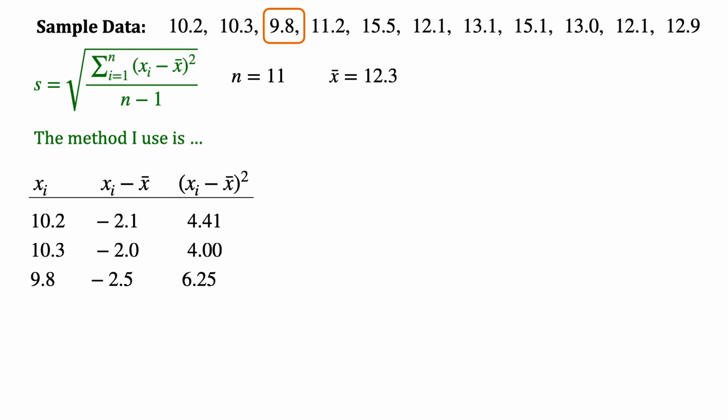We square that, and we get 6.25. We simply repeat this all the way through to the last data point, which would be x11. In this case, that is 12.9. So 12.9 minus 12.3 is 0.6. We square that, and we get 0.36.